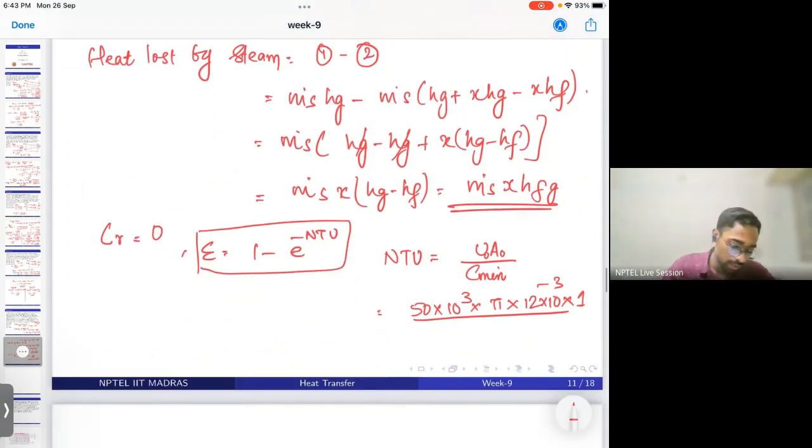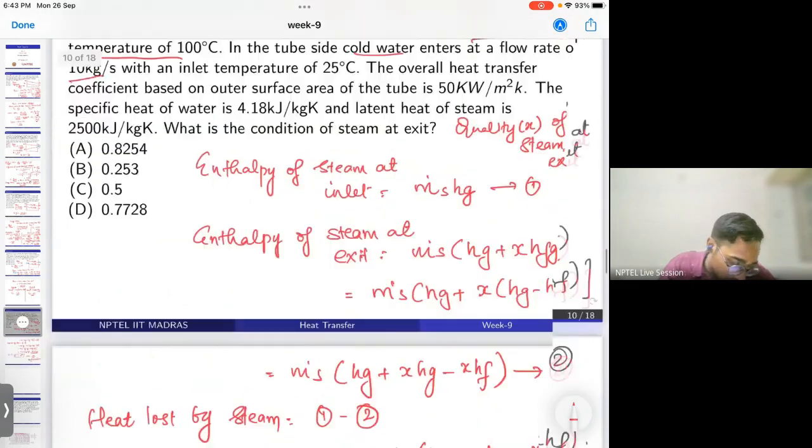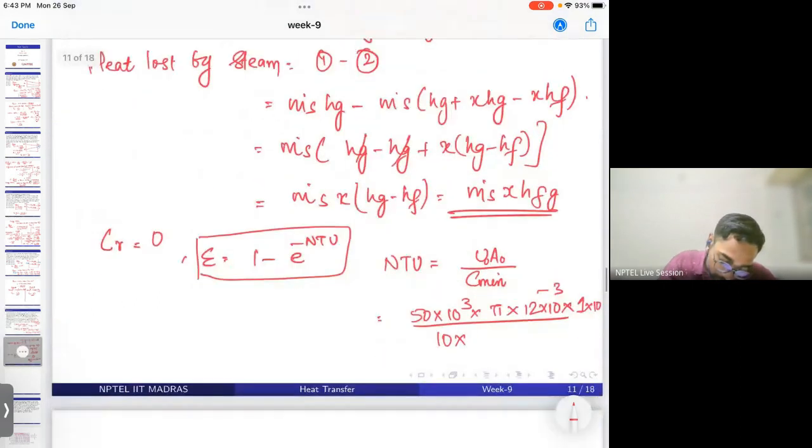So I am multiplying this by 10, and 10 into 4180, so both will be cancelled. It doesn't matter whether you take a single tube or the entire case, because we are multiplying and dividing.